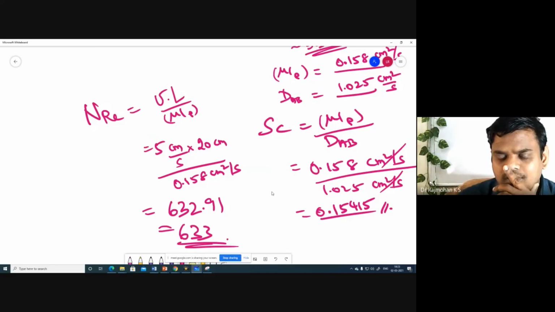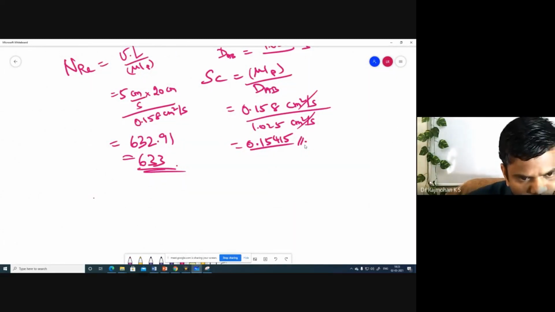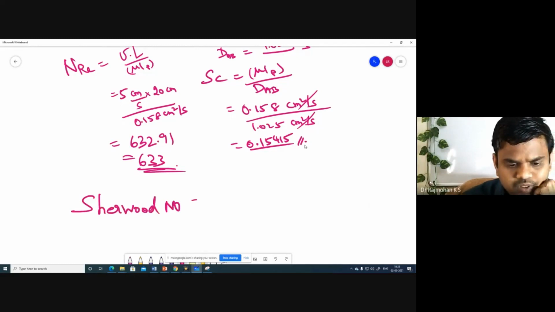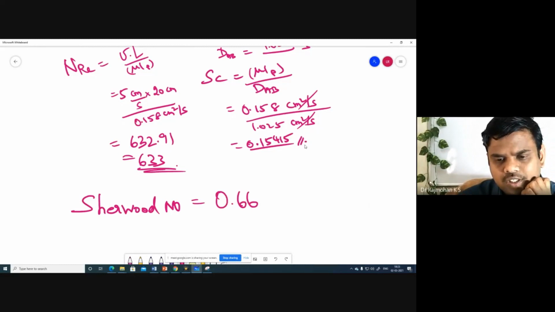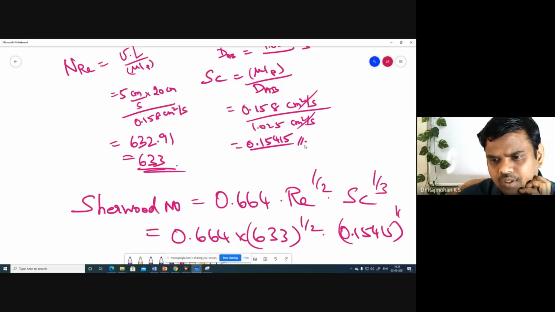Okay, now what is the correlation? The Schmidt number is in this range, so we can make use of the correlation: Sherwood number equal to 0.664 times Reynolds number power 1 by 2 times Schmidt number power 1 by 3, which is 0.664 into 633 power 1 by 2 into 0.15415 power 1 by 3.